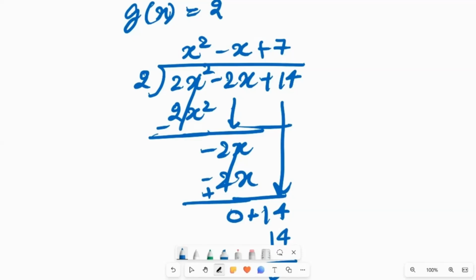And we got quotient x square minus x plus 7, which also has the highest power of x equal to 2. So degree of dividend is equal to degree of quotient. Next one, second one we have, that is degree of the quotient should be equal to degree of remainder.